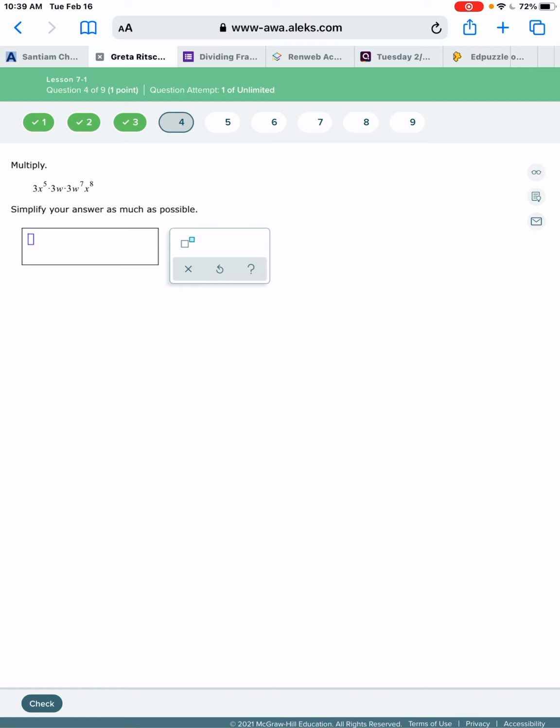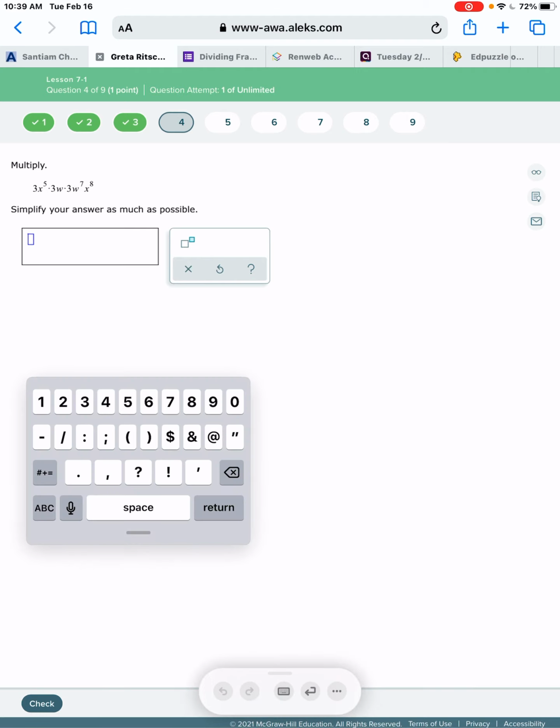Okay, this is a mess. And so I'm going to again use the commutative property and straighten this out a little bit. Find all the numbers. There's 3 times 3 times 3. 3 times 3 is 9, and 9 times 3 is 27. So if I multiply all the 3's together, I'll get 27. And then let's look for all the x's. There's x to the 5th, and there's x to the 8th.